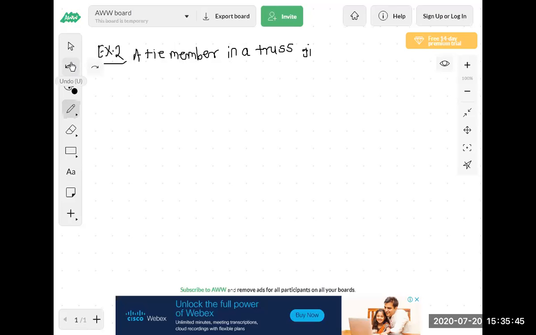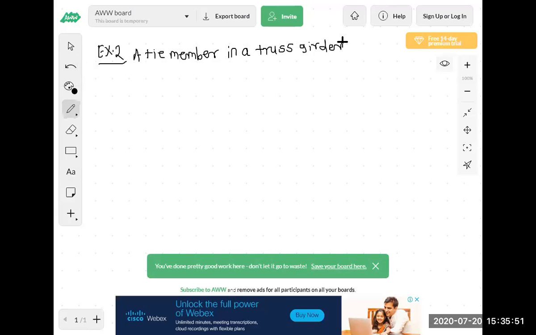A tie member in a truss girder is 250 mm by 14 mm in size.